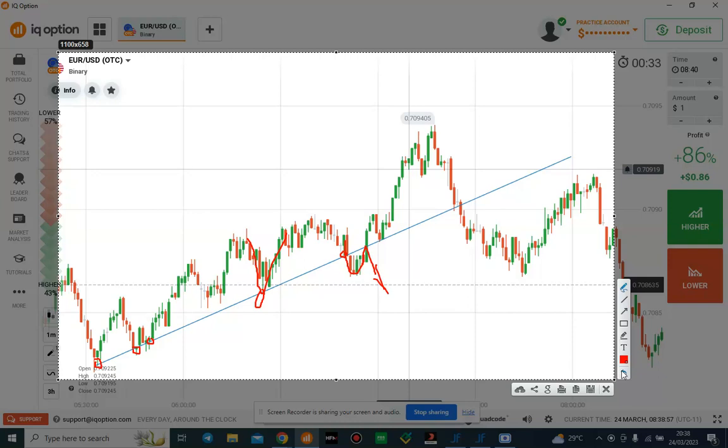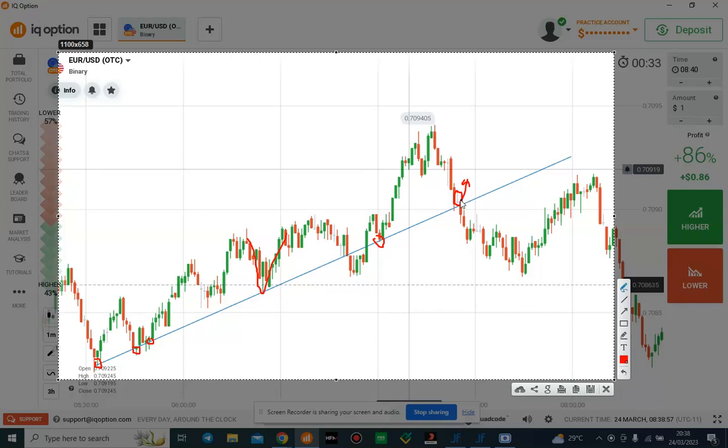But here, look at this green candle, it forms, then goes back to the range, so we call it false breakout. Then the price also retests this level. Then look at this doji. This doji around here indicates that the buyers wanted to enter, but they failed to enter.